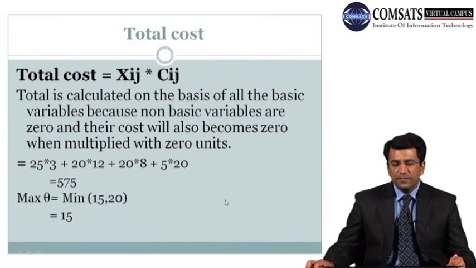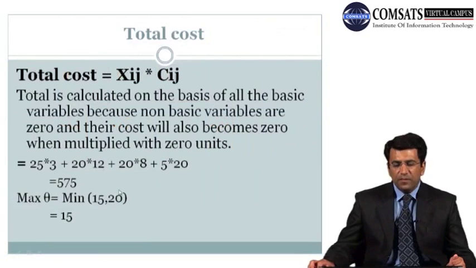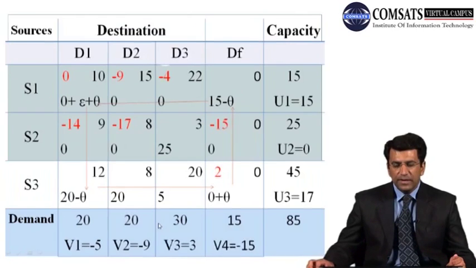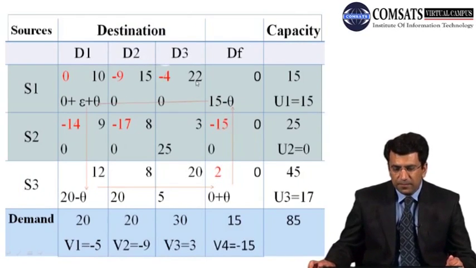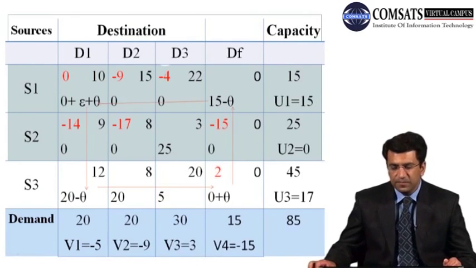Now class, if we calculate the total cost for this particular table, then it will become 575. Now how is it being computed? In this particular table you can see that we can supply 50 units from S1 to DF, which is our fictitious or dummy destination.